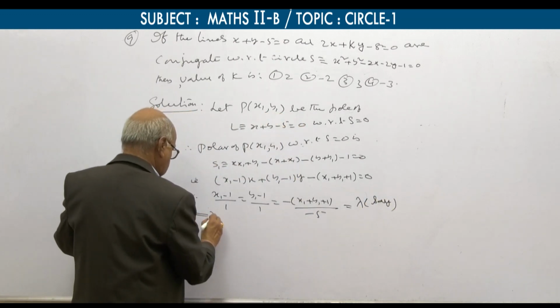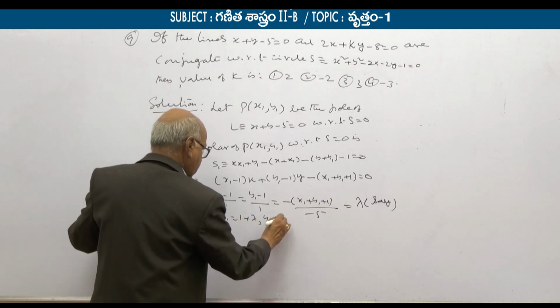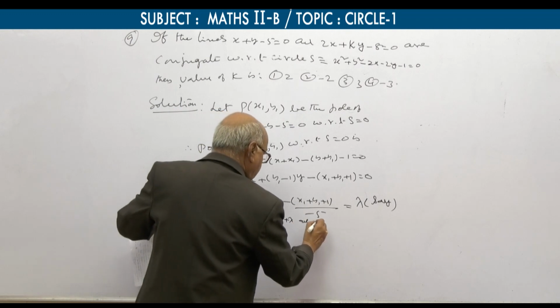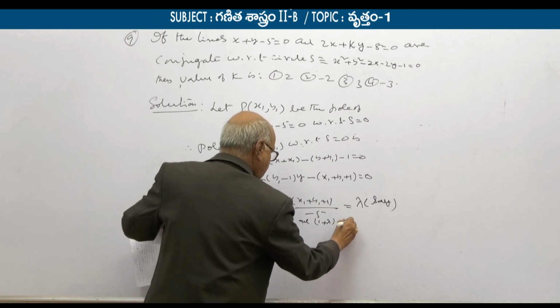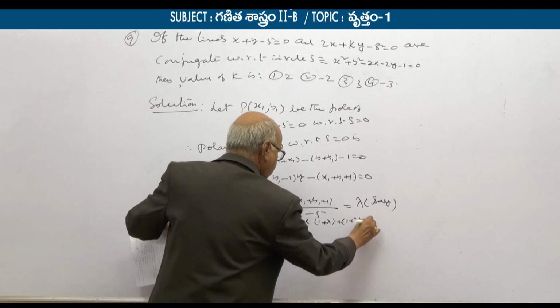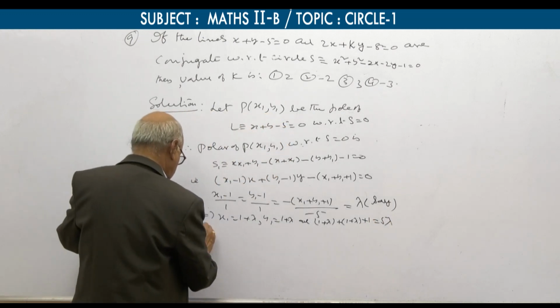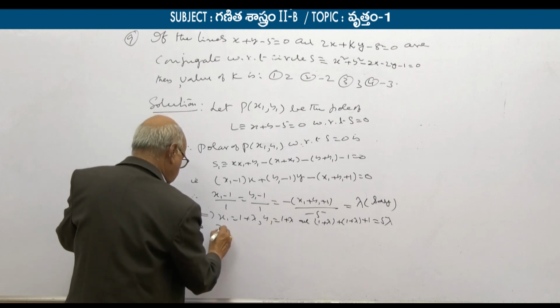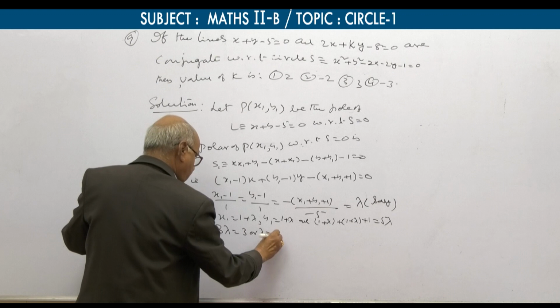So this implies x1 is equal to 1 plus lambda, y1 is equal to 1 plus lambda, and 1 plus lambda plus 1 plus lambda plus 1 is equal to 5 lambda, or that is 2 lambda plus 3 is equal to 5 lambda, 3 lambda is equal to 3, or lambda is equal to 1.